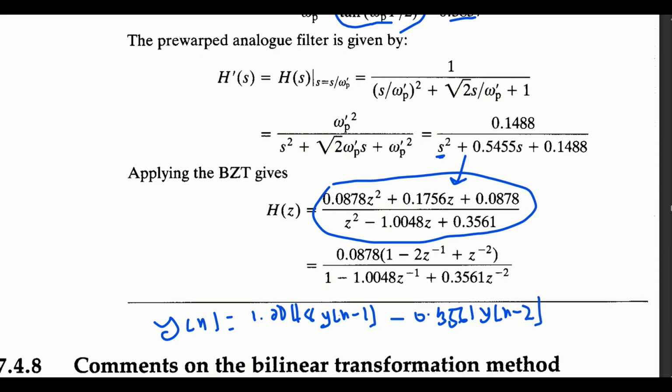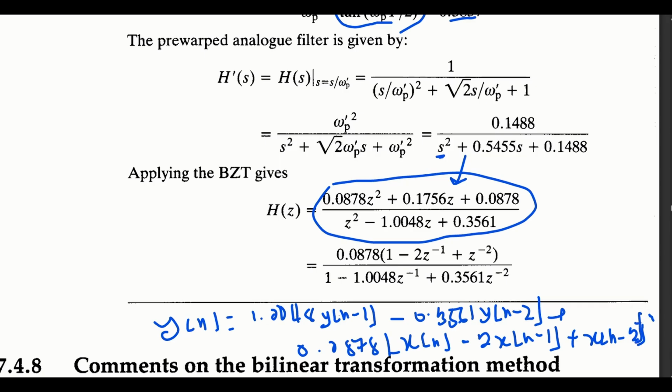Then the x of n terms are all multiplied by 0.0878. Here is 1, so that's x of n, minus 2 x of n minus 1, plus x of n minus 2. When you see minus it's minus, when you see plus it's plus. And as long as you have it, that's your filter equation for this question as well.